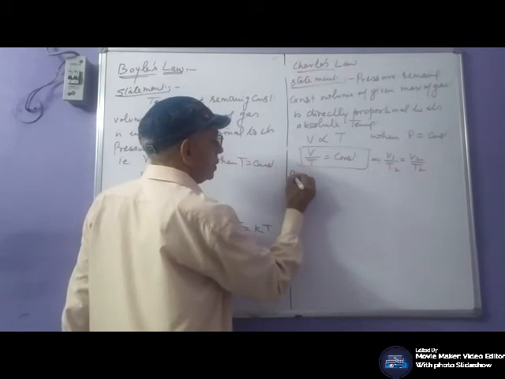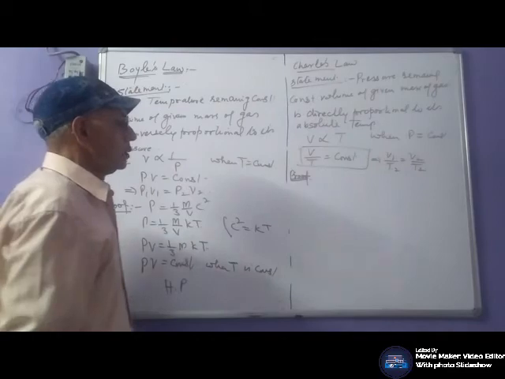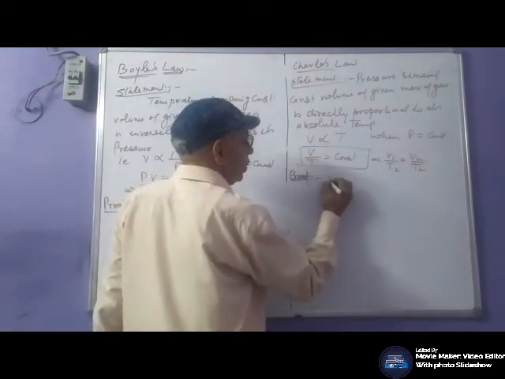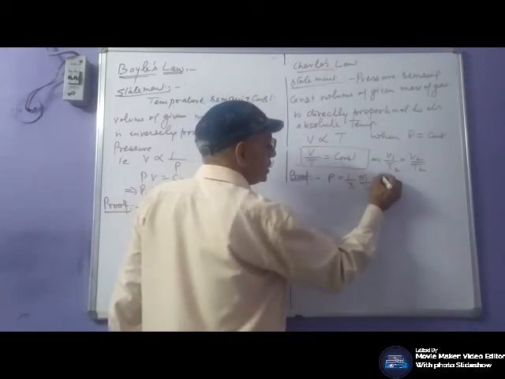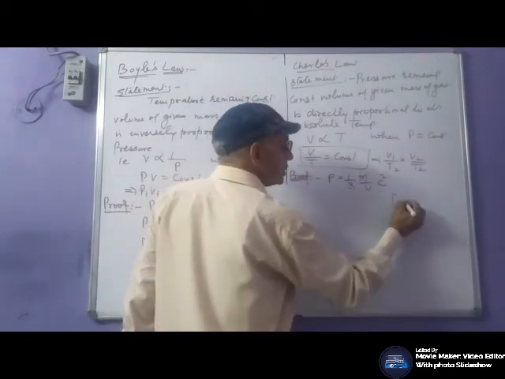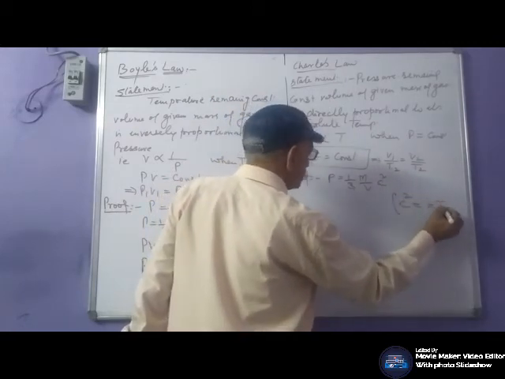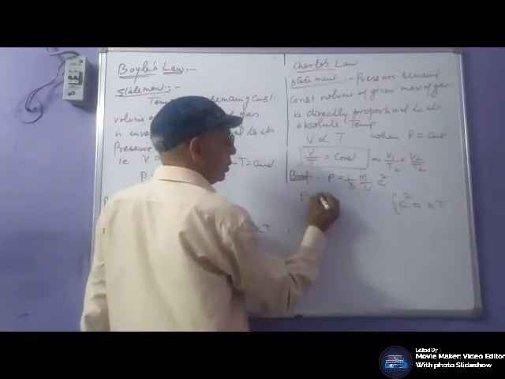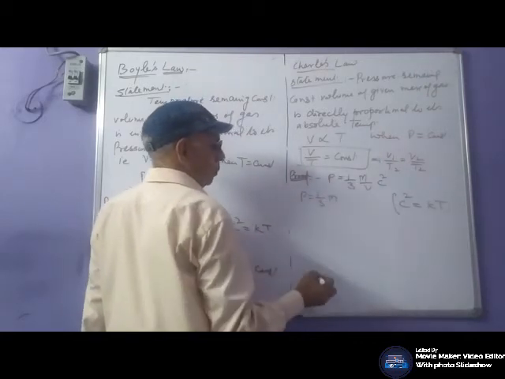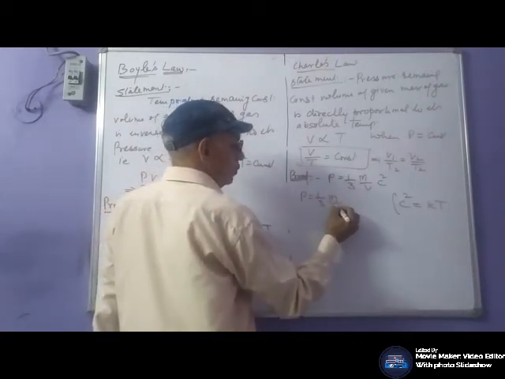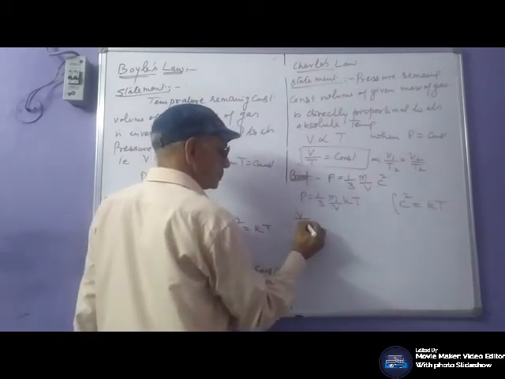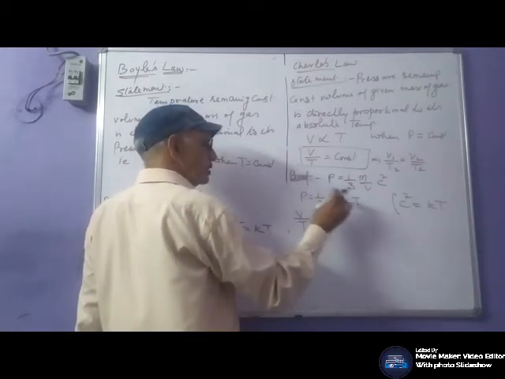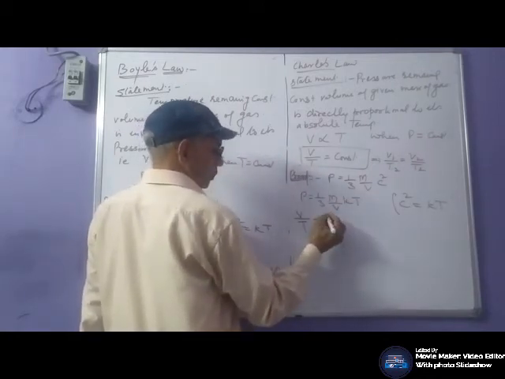Proof. We know pressure due to ideal gas is P is 1 by 3 m by V c square. C square is kT. P is 1 by 3 m by V kT. Take V to this side, V by T. V this side, T also this side.